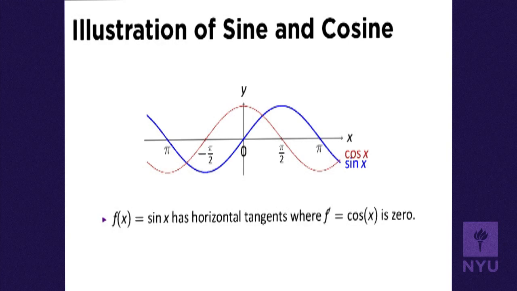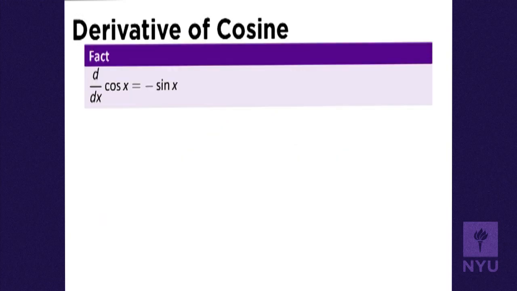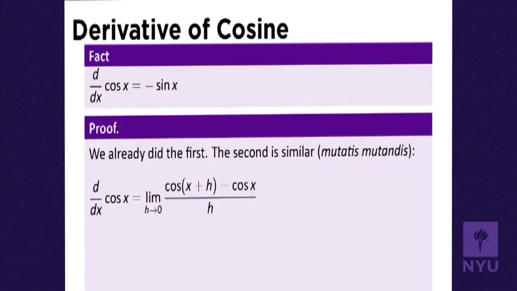So sine is behaving kind of like the derivative of cosine, but actually the complete opposite, opposite in the negative sense. So what that tells us is that the derivative of the cosine function is the opposite of the sine function. Derivative of cosine is negative sine.